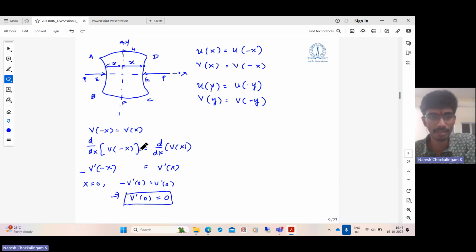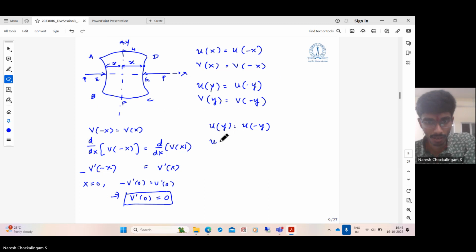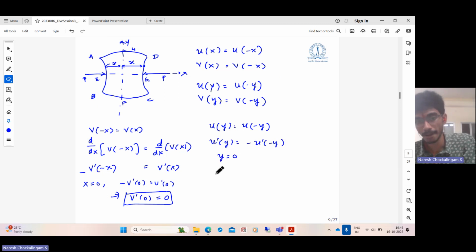Similarly, you can do a similar analysis with the x-axis. You get u of y is equal to u of minus y. If you take the derivatives, you get u prime of y is equal to minus u prime of minus y. And substituting y equal to 0, we get u prime of 0 is equal to 0.